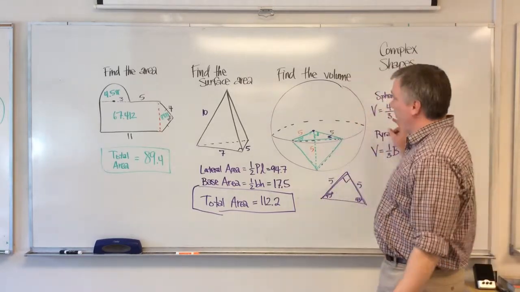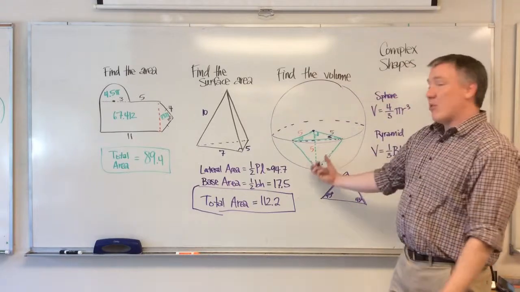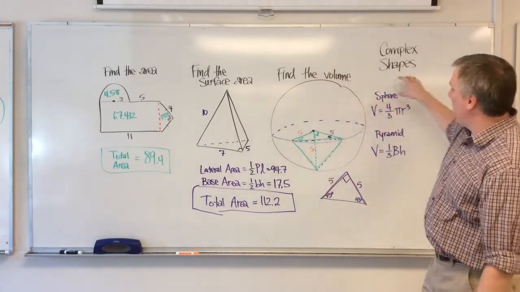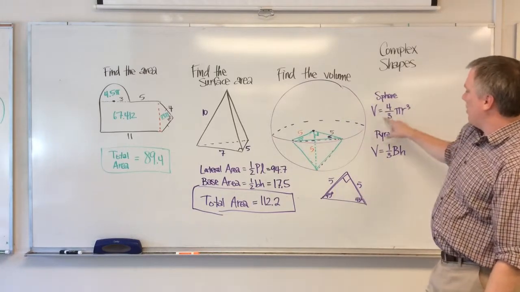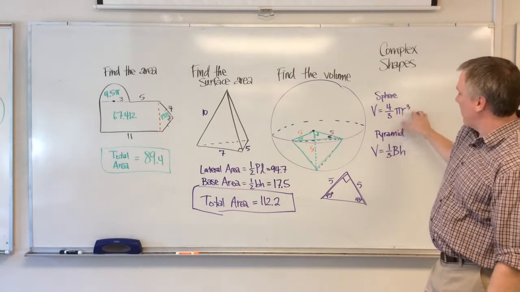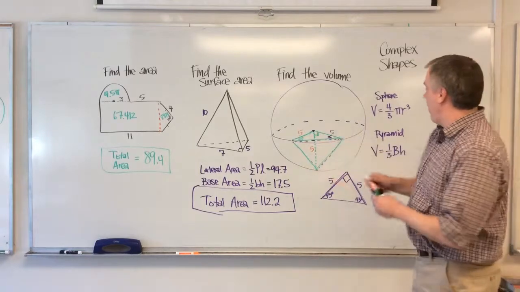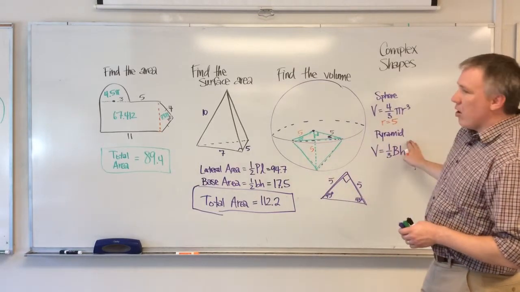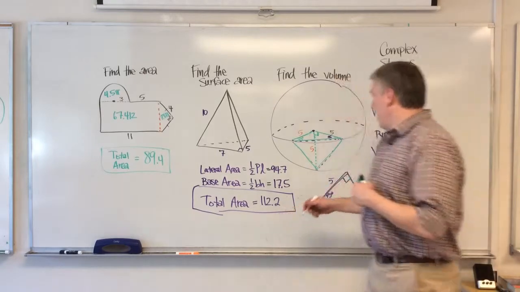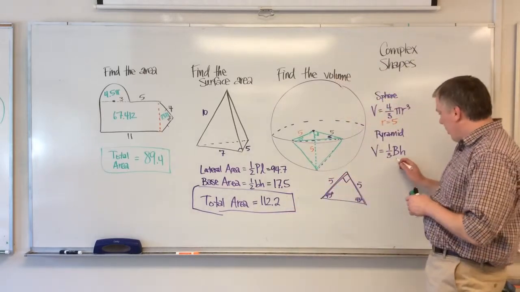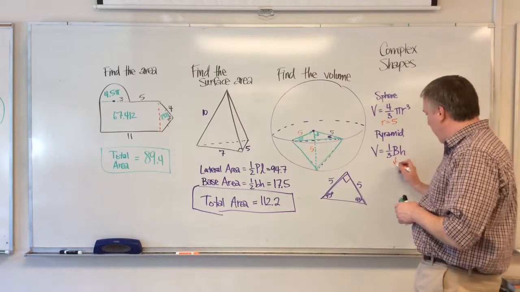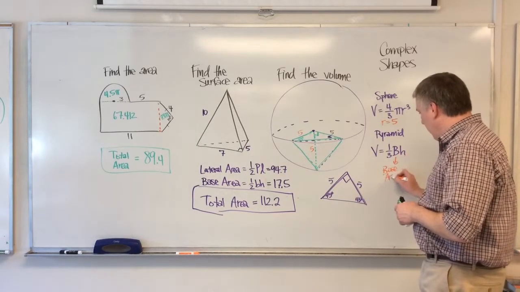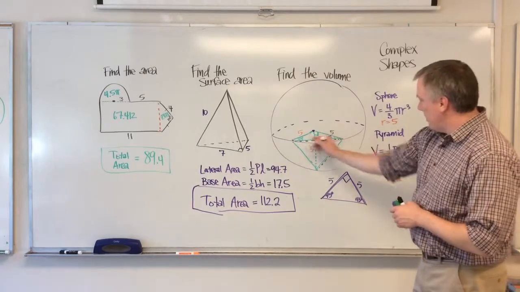We want to find the volume of the whole sphere and then subtract out the hole in the middle. So we're going to use the volume formula for a sphere, which is 4/3 pi radius cubed, and our radius again is 5. The volume of a pyramid is 1/3 times the base area. Remember that B stands for base area. And here's our base. Remember the base is that triangle.